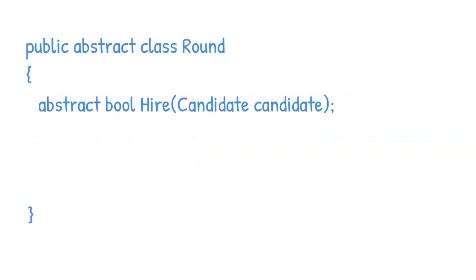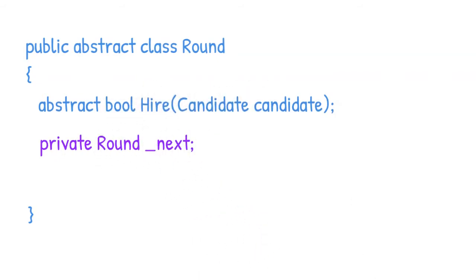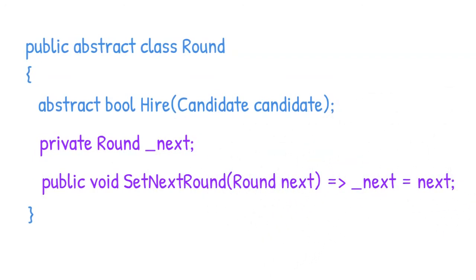To support the chaining pattern, we'll have to modify the Round class to hold another instance of the Round class as the next round. We will also add a public method that allows setting the next round.